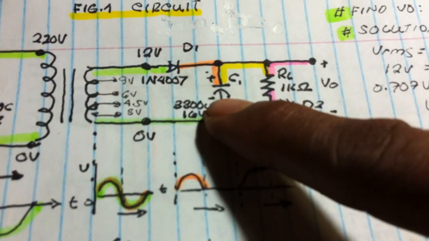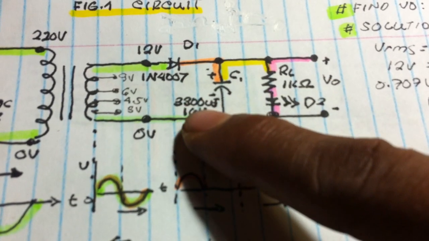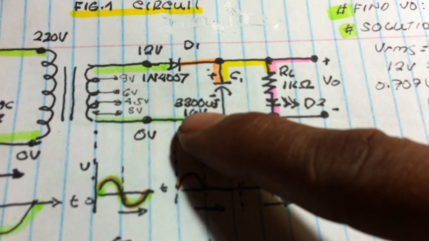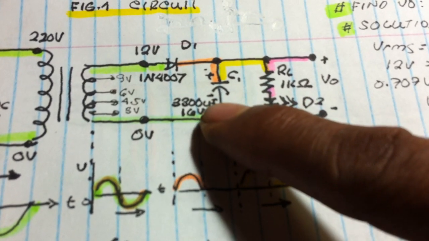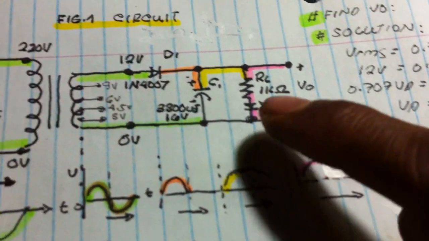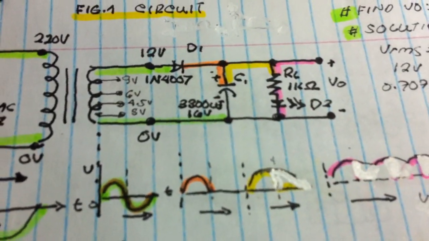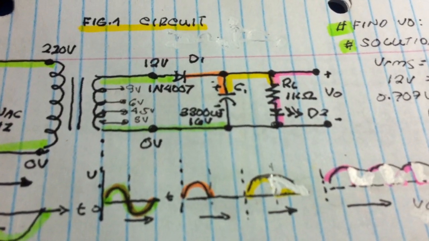What is the value of the capacitor I use? 33,000 microfarad. Why did I use 33,000 microfarad? 25 volts. The bigger the capacitor, the smoother the waveform. If you have 4,700 microfarad, you can use that to make a smooth waveform.